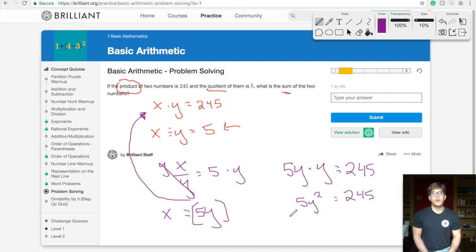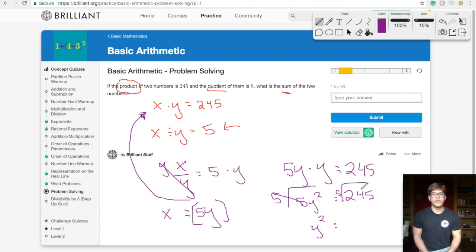We can divide both sides by 5. 5y squared divided by 5, well, our 5's will just cancel and we'll be left with y squared.